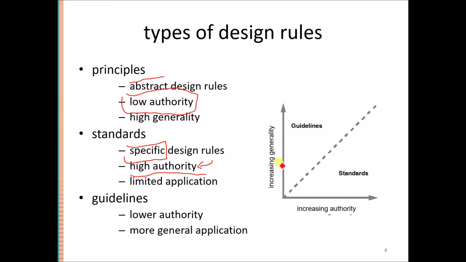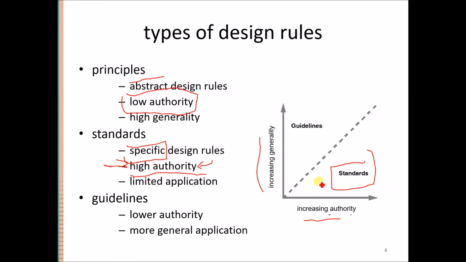If we look at it in terms of the graph, along the horizontal axis we have increasing authority, and along the vertical axis we have increasing generality. As you can see, if we draw a line which separates the guidelines and the standards, when we are moving towards higher authority, we are moving along this side. So you can see that we are moving toward the standards, because the standard has high authority.